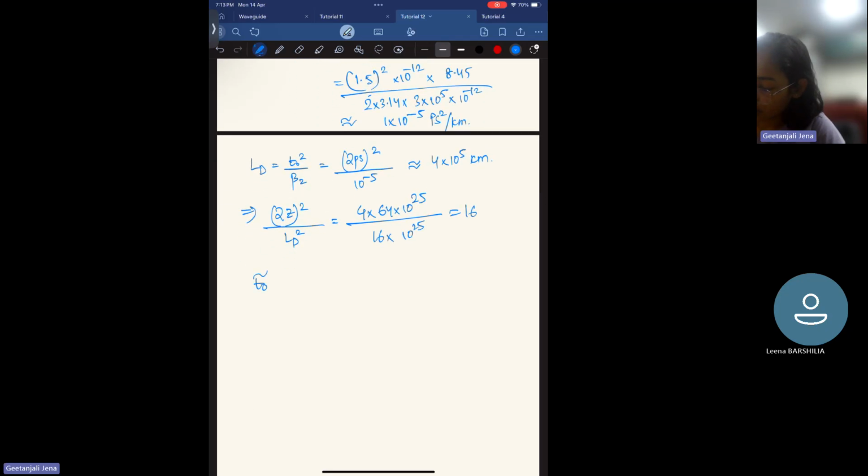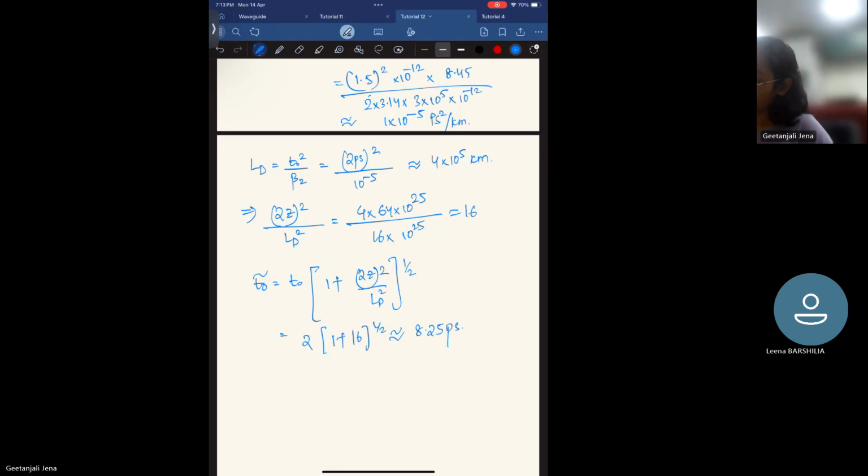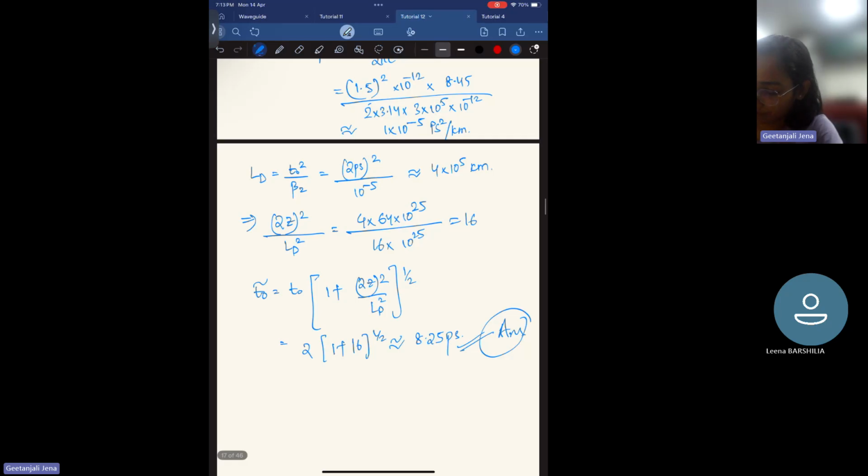So T0 delta is T0 times 1 plus 2z square by LD square to the power half, which is 2 times 1 plus 16 to the power half. So this will be 8.25 picoseconds. This will be the final answer, the final width when you travel through a distance of 8 into 10 to the 5 kilometer.